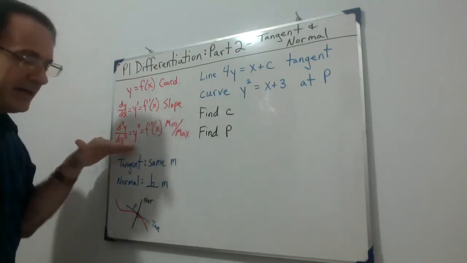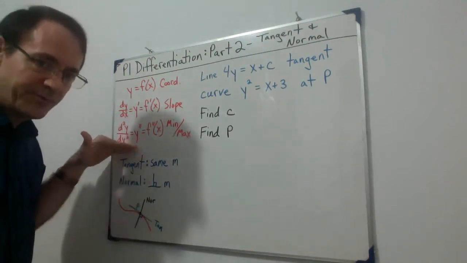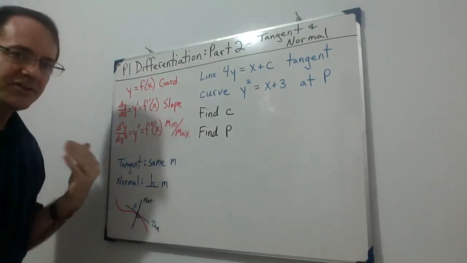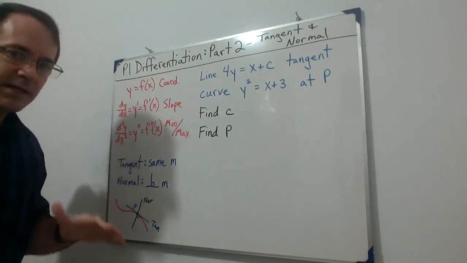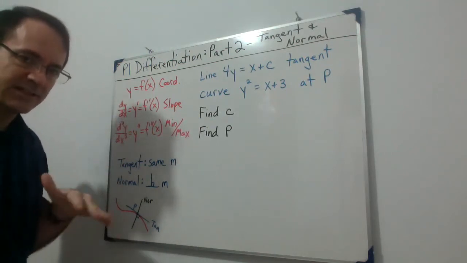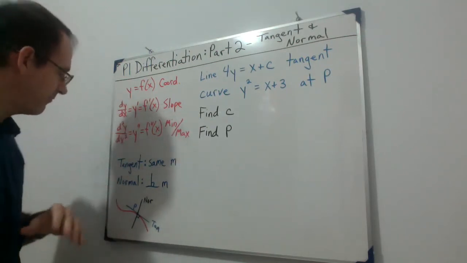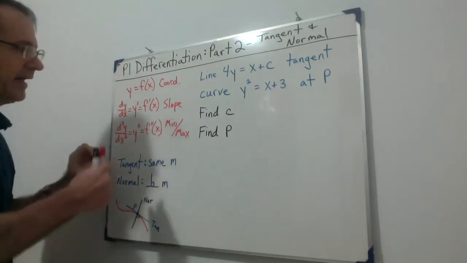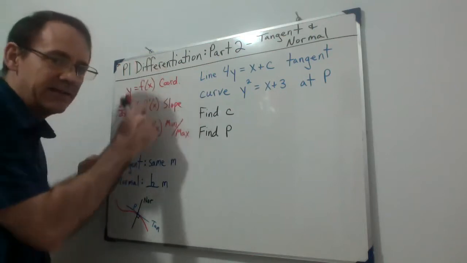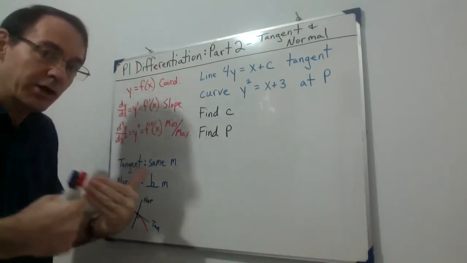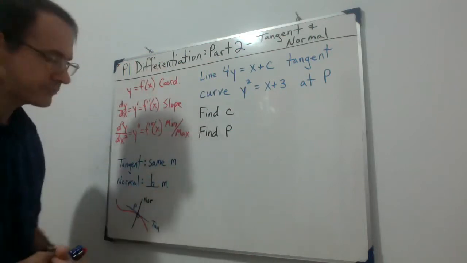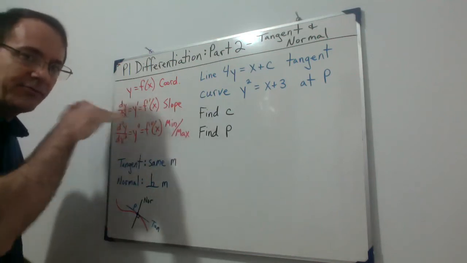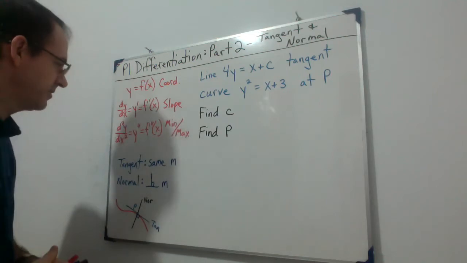In one of the future videos, we'll also talk about the second derivative, which has to do with minimum or maximum points, that is low or high points on the graph. So you need to know which level you're on and what kind of information you are working toward, and which level helps you get that information.